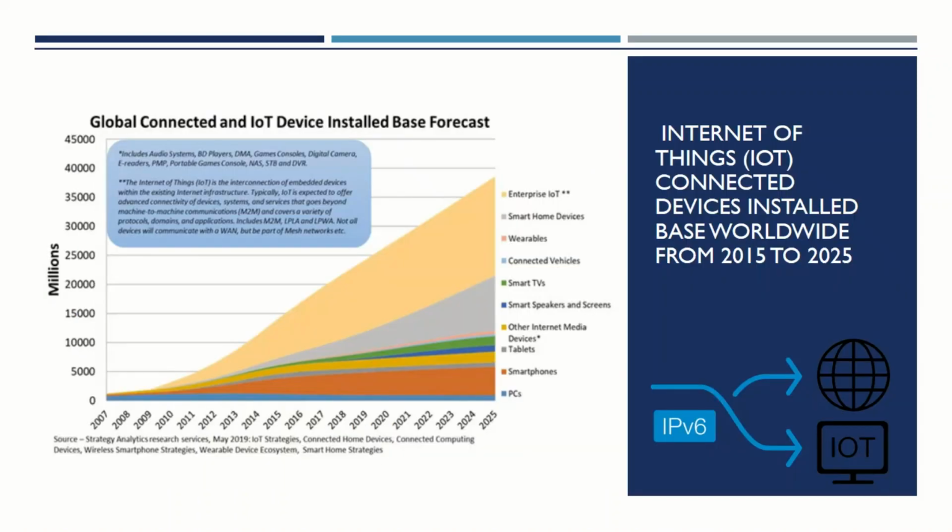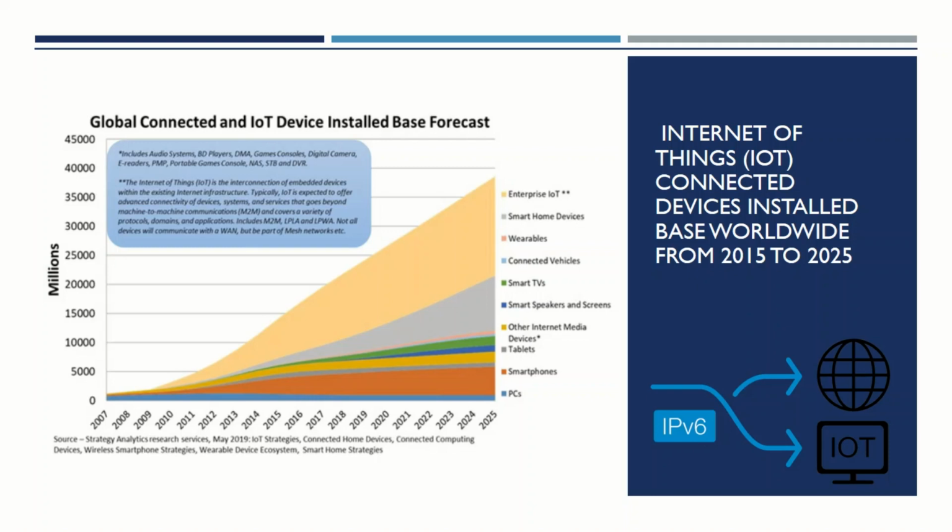The total installed base of Internet of Things connected devices is projected to amount to 38.6 billion devices by 2025 and 50 billion by 2030. Some segments, such as connected computing devices, will see low growth or decline, while others, such as media devices, will continue to expand steadily.